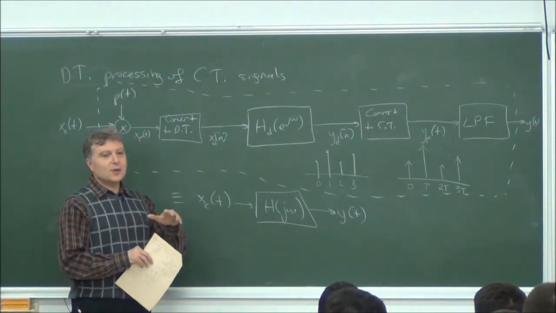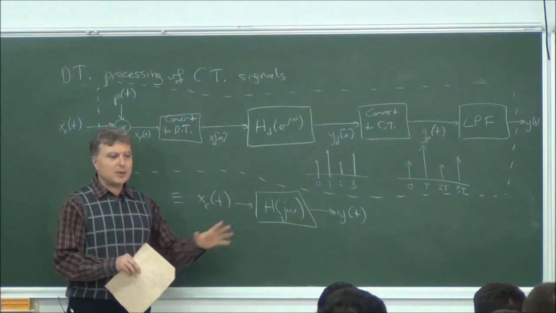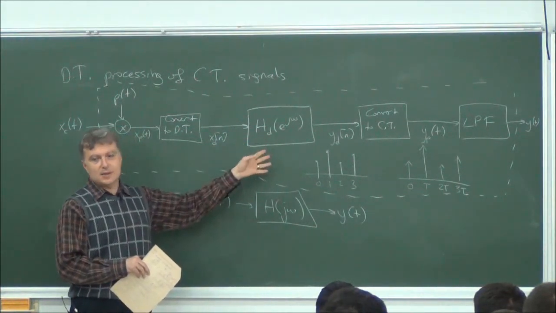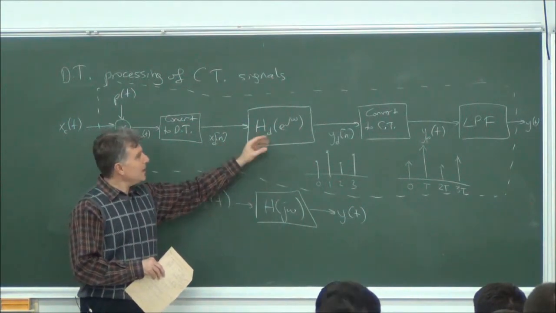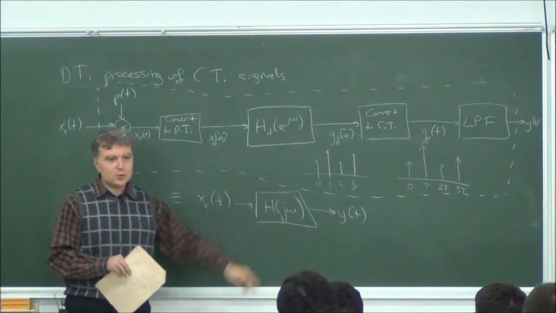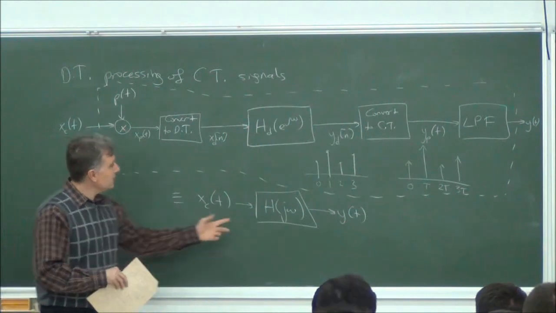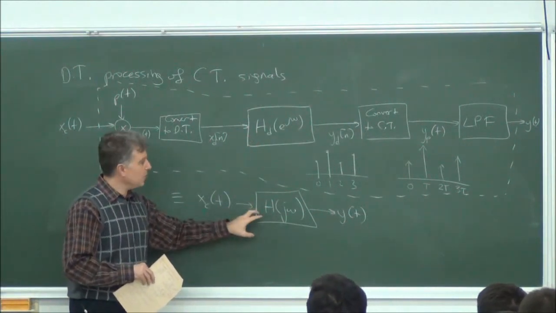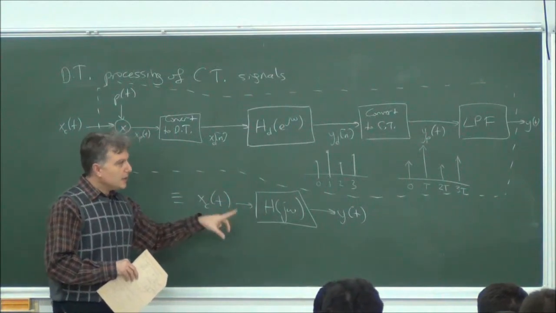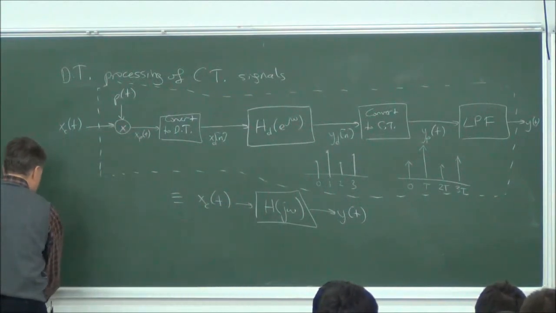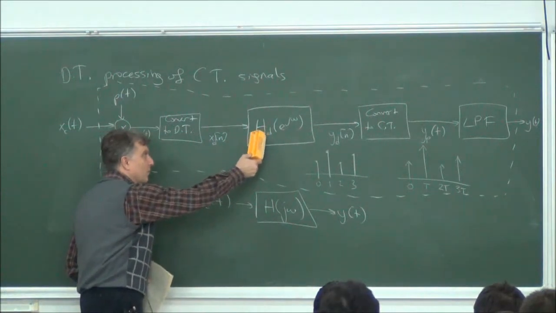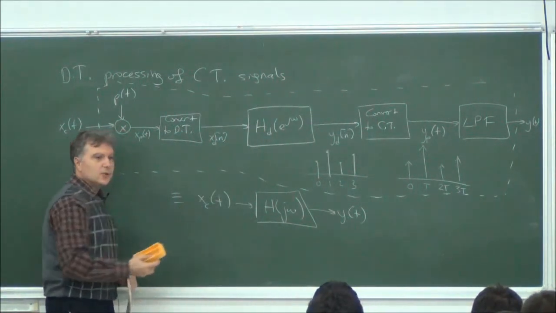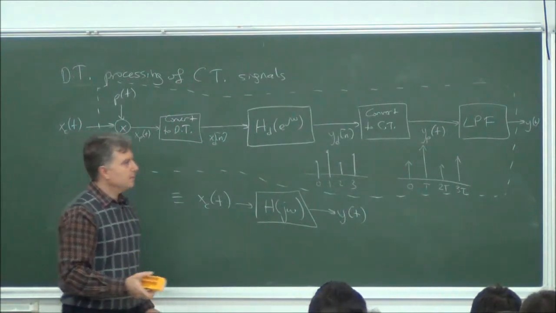Even if you don't use any programming, you can use MATLAB, for example, which has a lot of filters inside. So MATLAB is here. How can you use that? What is the equivalent HD corresponding to the effect, the original effect of h of j omega? That is possible. It is possible to do it, or it's always possible to find an HD of e to the j omega if your original continuous time signal is band limited.